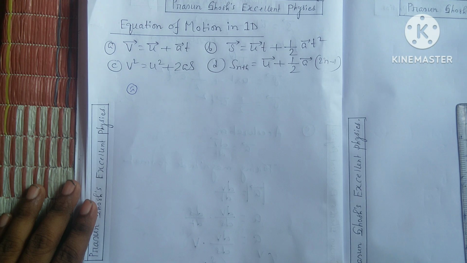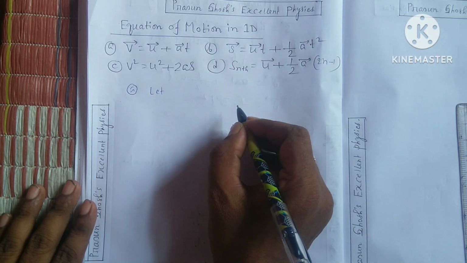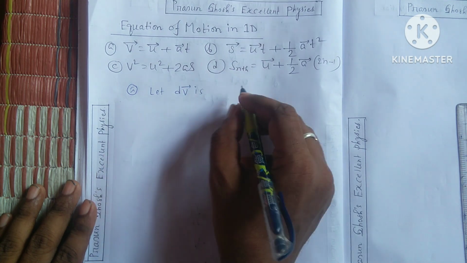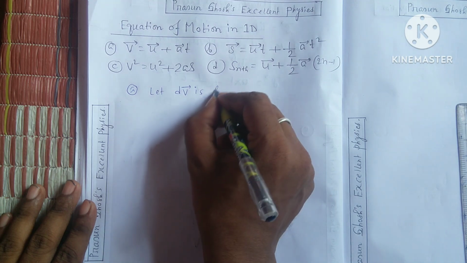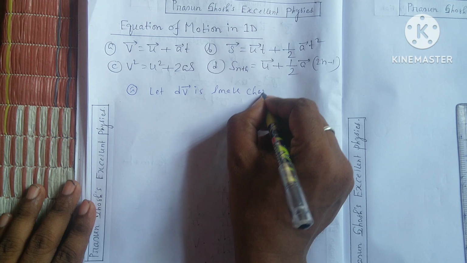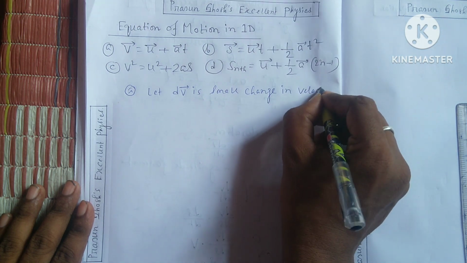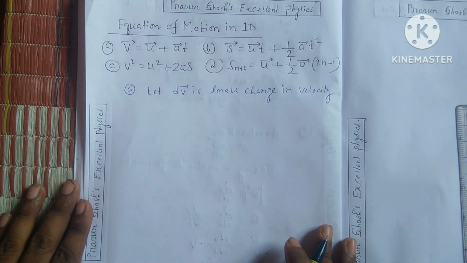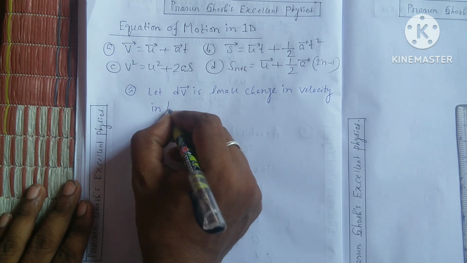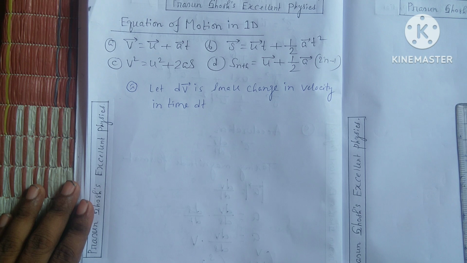Here, let dv be a small change in velocity in time dt.